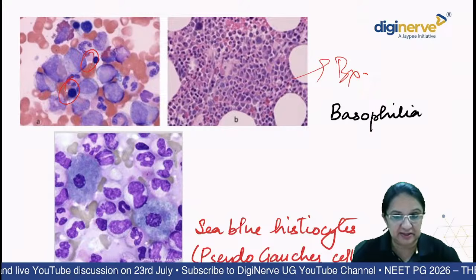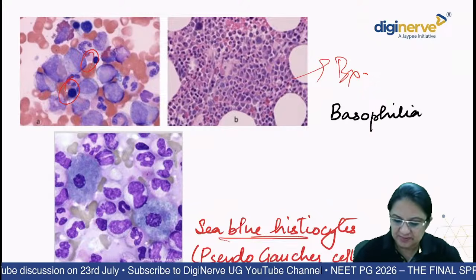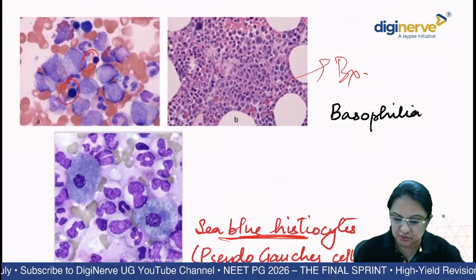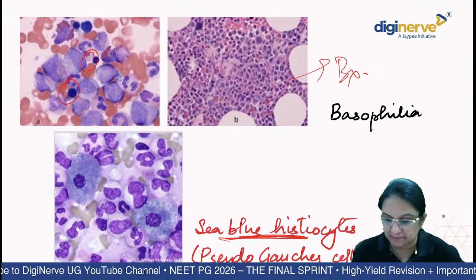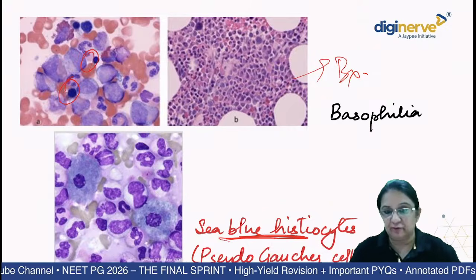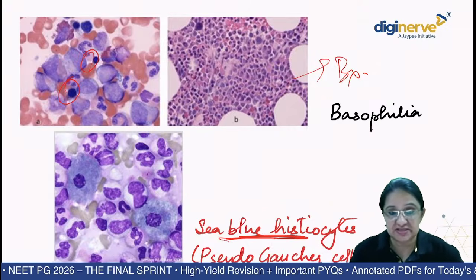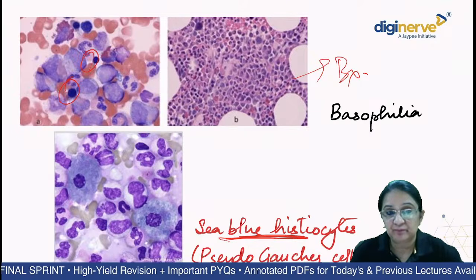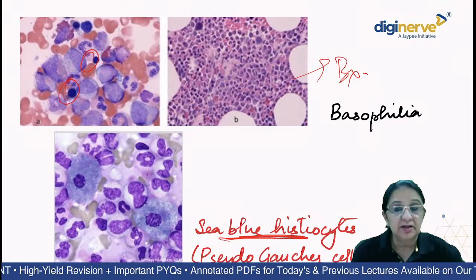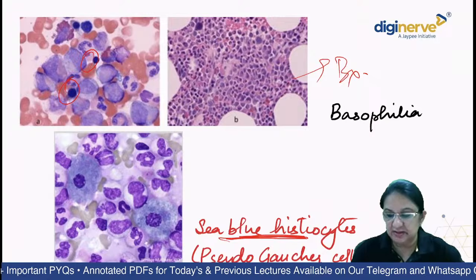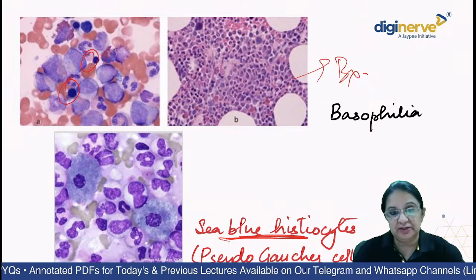Plus, on aspirate, the characteristic cell you see is sea blue histiocytes, also known as pseudo-Gaucher cells. Why sea blue histiocyte? Where do you see Gaucher cells actually? Gaucher cell is seen in lipid storage disorder, with glycosphingophospholipid accumulation, right?